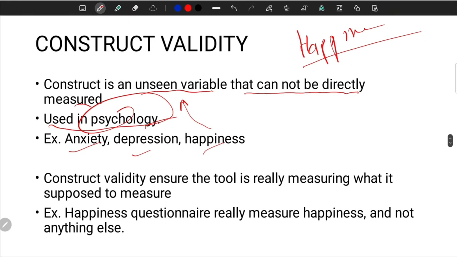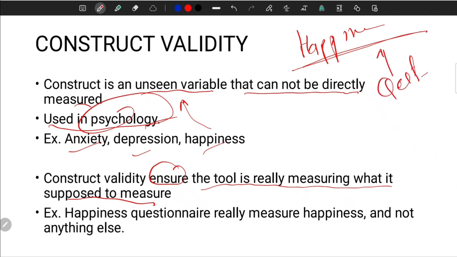So construct validity ensures the tool is really measuring what it is supposed to measure. Now to measure happiness, we'll make one questionnaire. Construct validity tells us that if you are using this questionnaire for measuring happiness, it should be measuring only happiness, not any other variable.